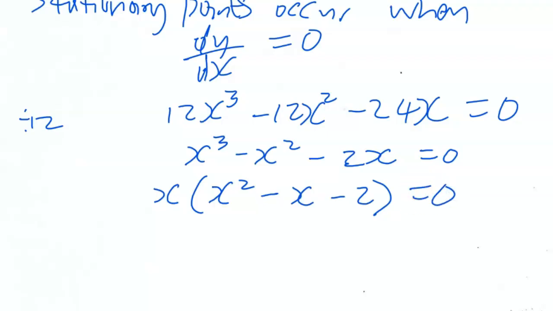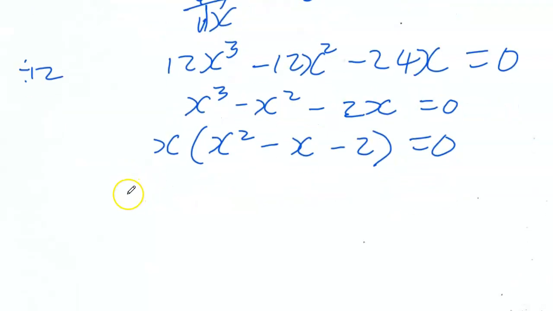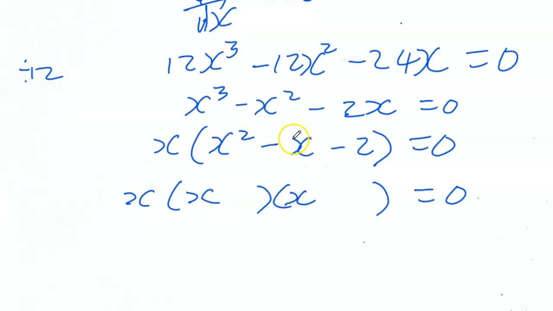Factorization there, since x was a common factor. And the quadratic there, we can factorize. To factorize this quadratic, we think of two numbers that add to give minus 1 and multiply to give minus 2. That's minus 2 and positive 1. These numbers add to give the middle term, which is negative 1x, and we multiply them, we get minus 2.